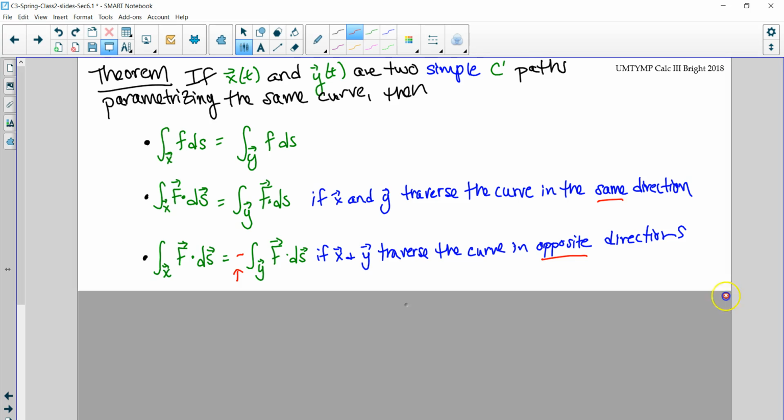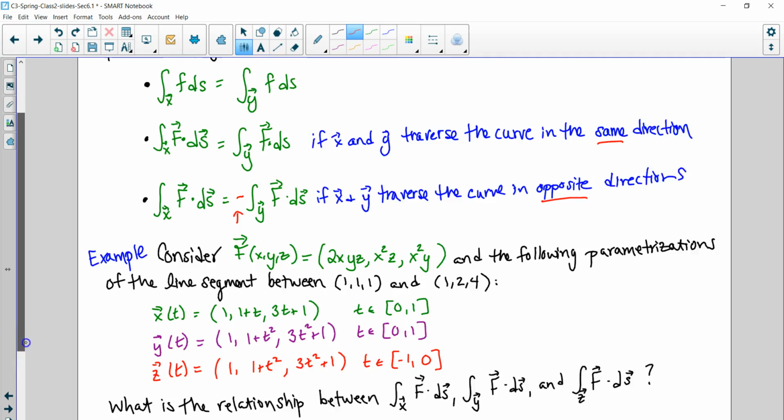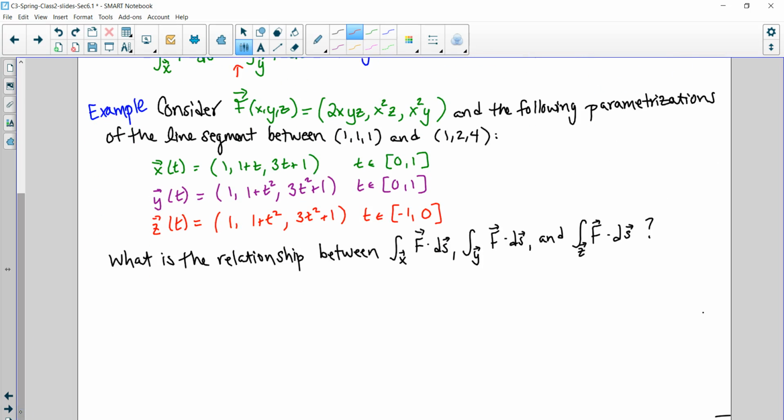With that in mind, I want to go on to our last example here. We have a vector field and the following parameterizations of the line segment between that. I'm curious about their vector line integrals, and I want you to pause before I give you the answer and tell me what you think.